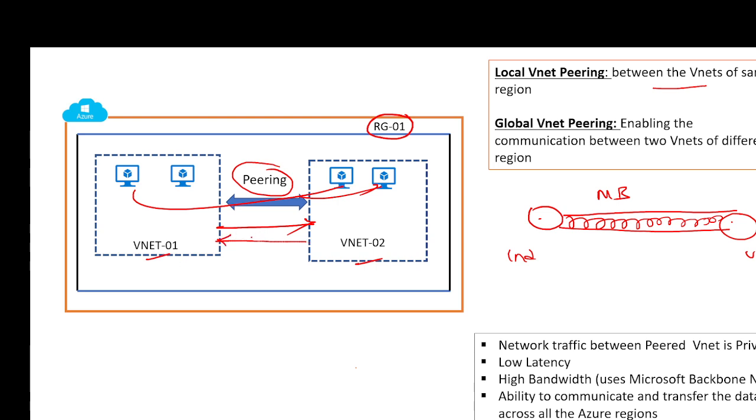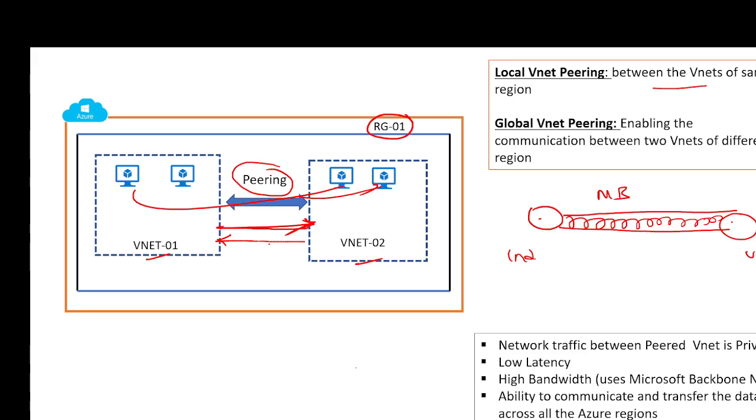This is called non-transitive. Transitive means both. If you create the connection at one side, you will have both incoming and outgoing traffic. Vnet 01 can talk to Vnet 02, and Vnet 02 can talk to Vnet 01 if it is transitive. If it is not transitive, it is one way. If you enable the connection at Vnet 01, you can only connect from Vnet 01 to Vnet 02, and from Vnet 02 to Vnet 01 you cannot connect.